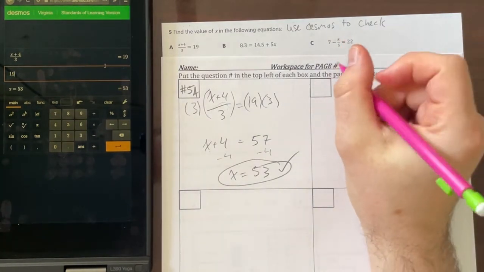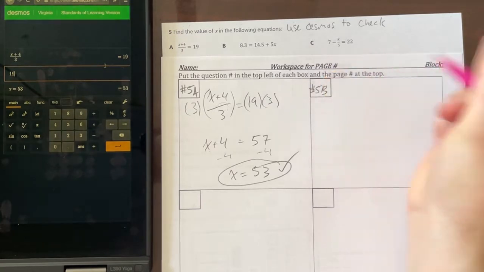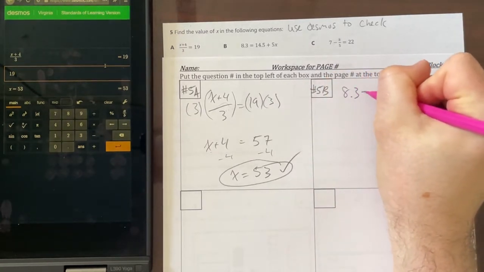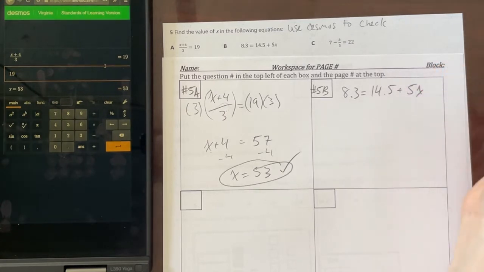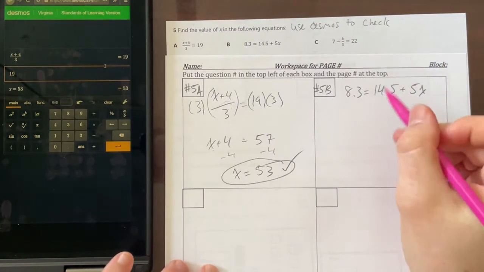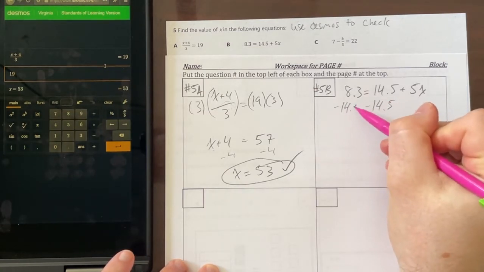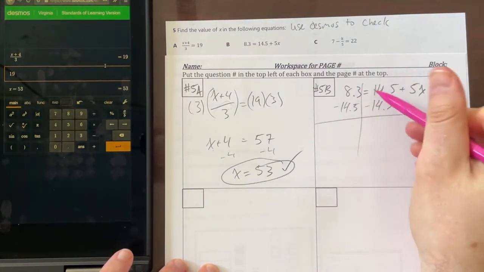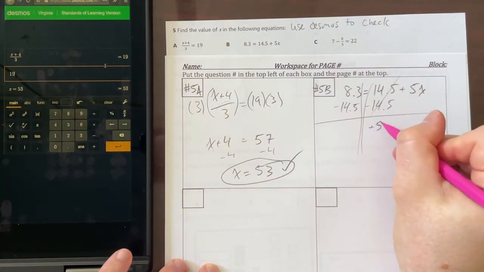All right, so now for number 5b, we have 8.3 is equal to 14.5 plus 5x. Trying to get x by itself, let's use those inverse operations. So I can subtract 14.5 from both sides. This cancels out, the 5x comes out, so I have positive 5x.